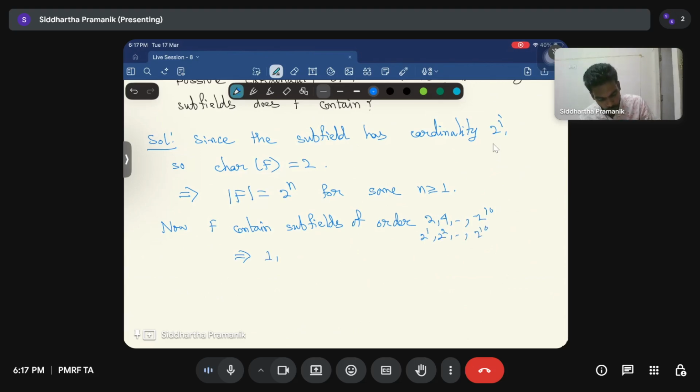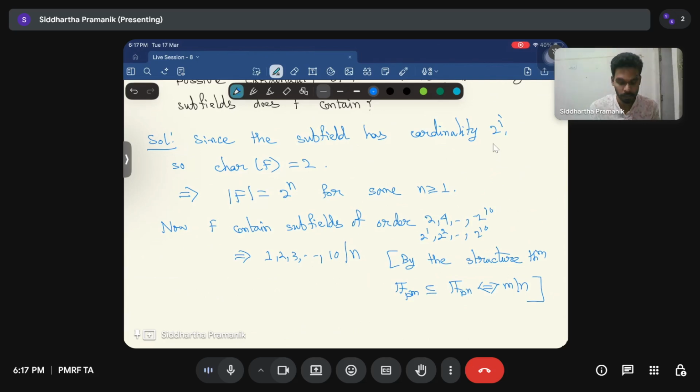This will imply 1, 2, 3 and so on up to 10 divides this n. So this is by the structure theorem, right? Because F p power m is contained in F p power n if and only if m divides n.